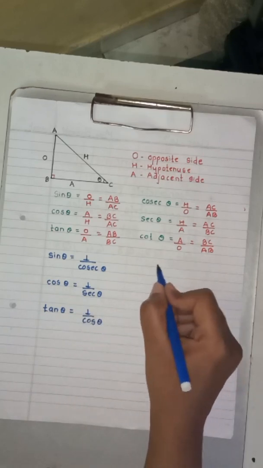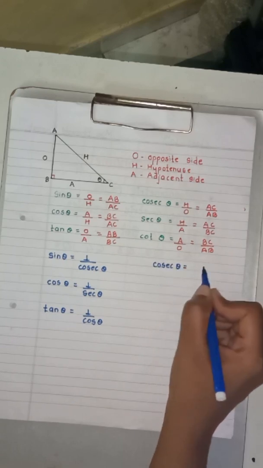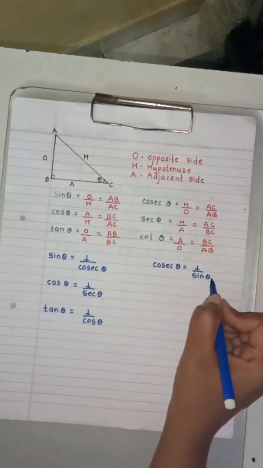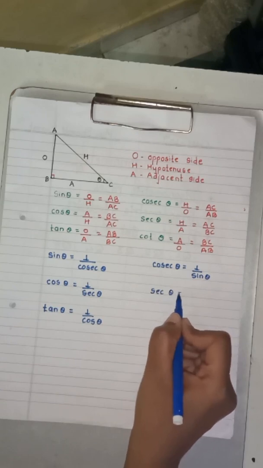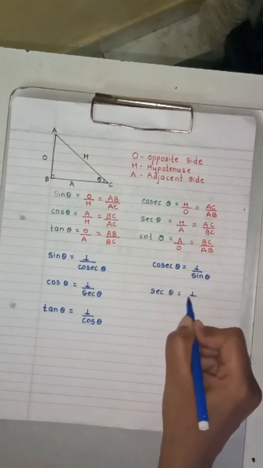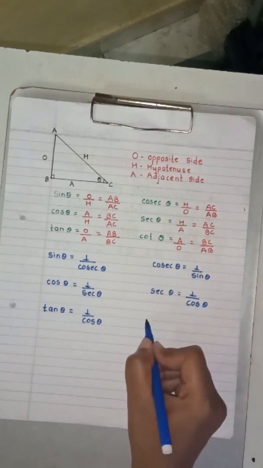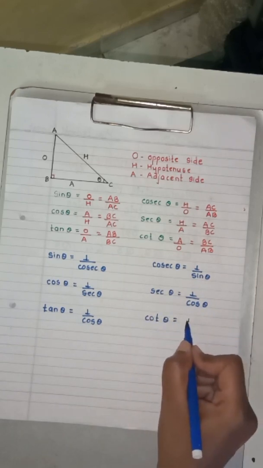Then cosec theta is equal to 1 upon sine theta. Then sec theta is equal to 1 upon cos theta. And cot theta is 1 upon tan theta.